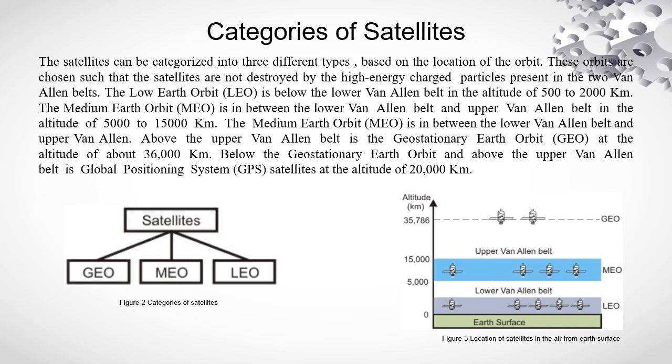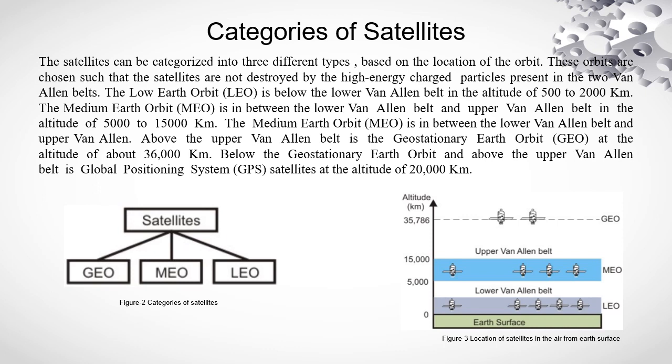Above the upper Van Allen belt is the geostationary Earth orbit at an altitude of around 36,000 km. Below the geostationary Earth orbit and above the upper Van Allen belt are the Global Positioning System (GPS) satellites at an altitude of 20,000 km.